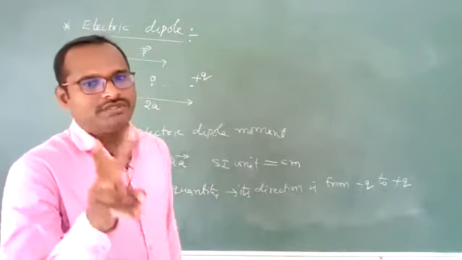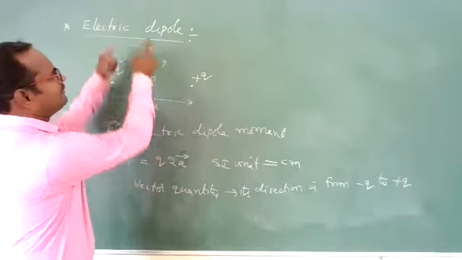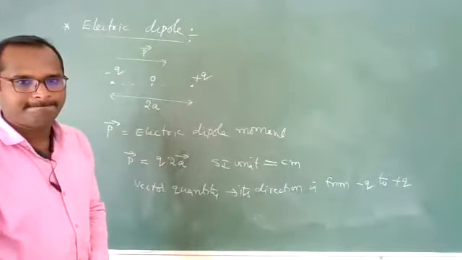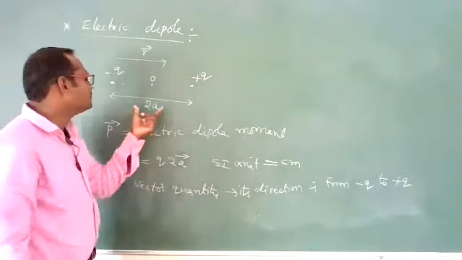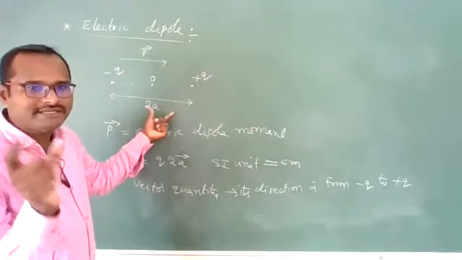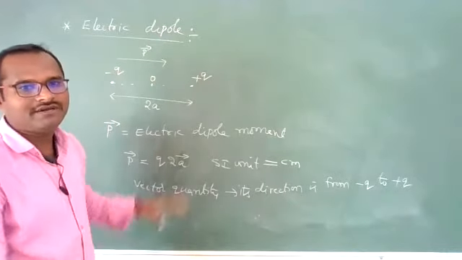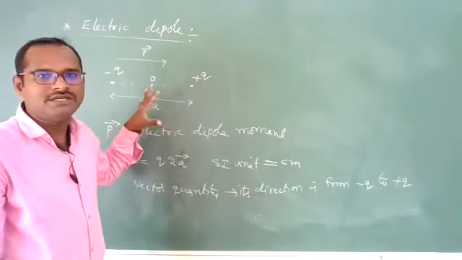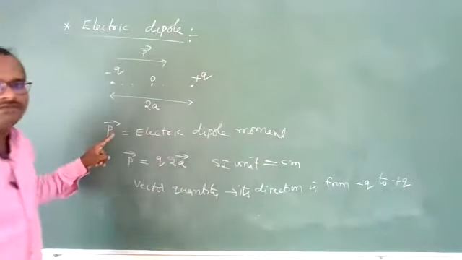When two equal and opposite charges are separated by some distance, an electric dipole will form. This distance 2a is a vector quantity, always from negative charge to positive charge. Whenever an electric dipole is formed, it has an electric dipole moment that we indicate with the letter P bar.